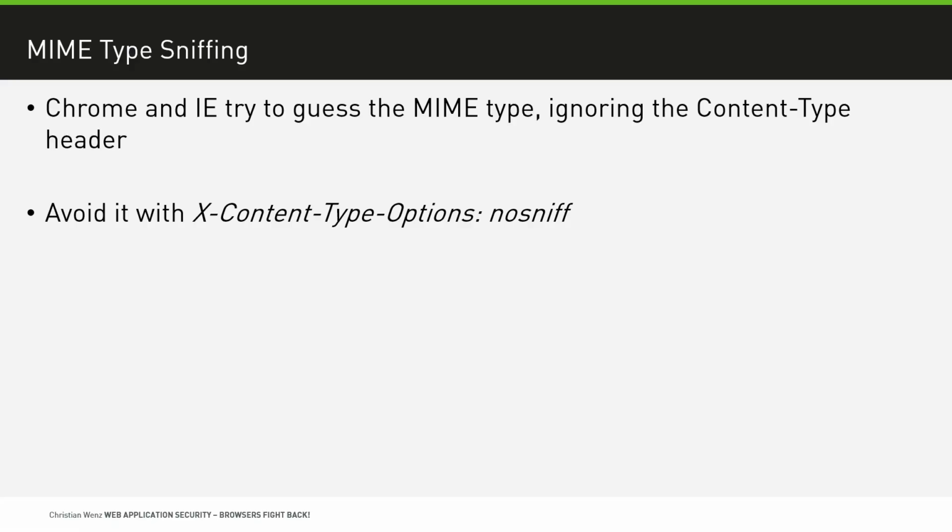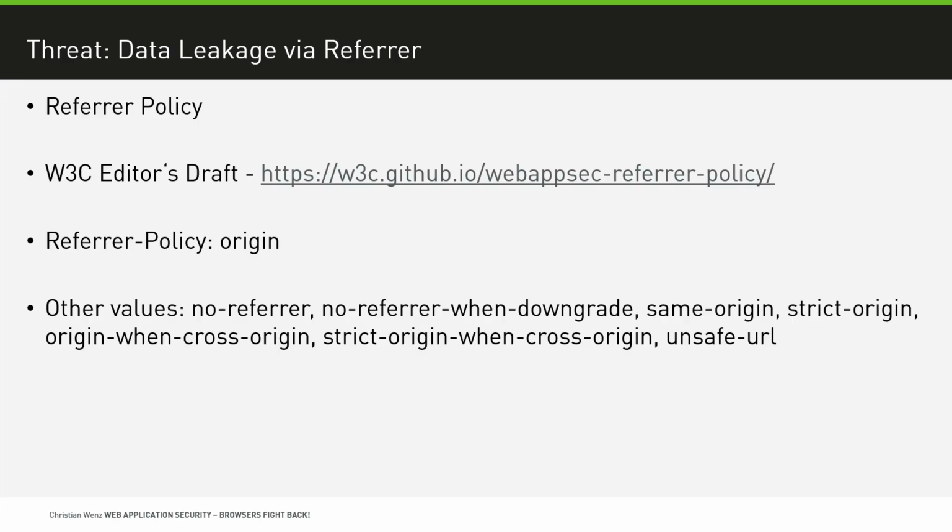And there's one more thing I'd like to show you, and that's rather new because it's still being worked on. But I think this just shows that all kinds of attack vectors are considered and browsers try to protect against them, because we as developers just mess up too often. And the threat is data leakage via referrer.